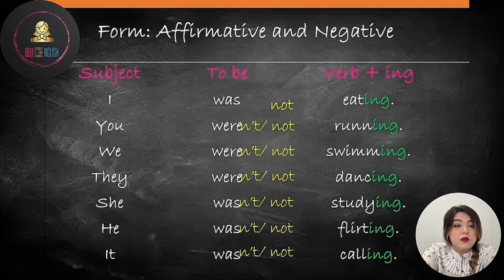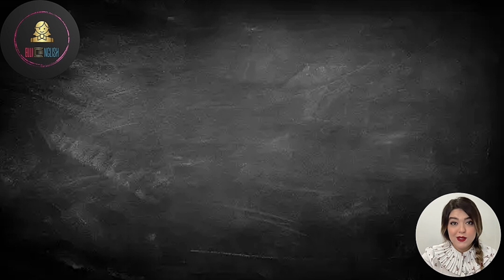You were not or you weren't running. We were not swimming. They weren't dancing. She was not studying. He wasn't flirting. It was not calling.